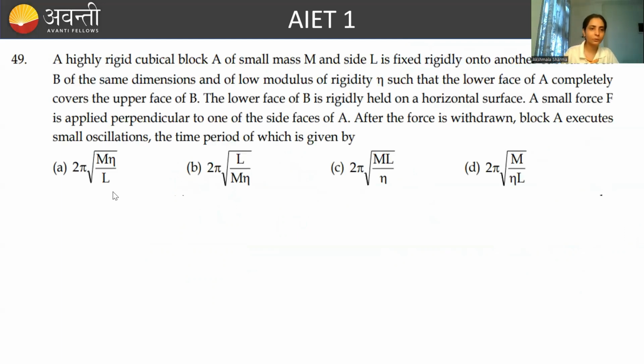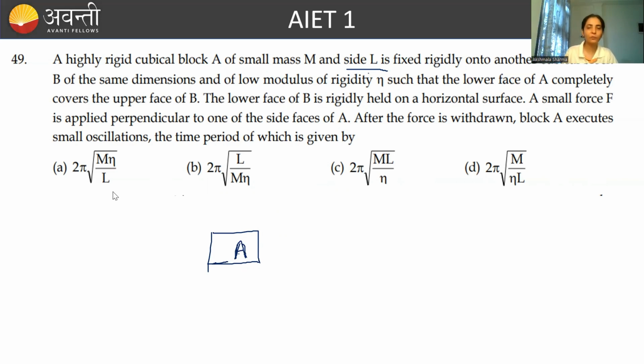Okay, so again this question. A highly rigid cubical block A of a small mass m and side L is fixed rigidly onto another cubical block. ठीक है? हमारे पास एक cubical block है, A है, जो कि काफी rigid है. It's very much rigid and it's cubical. And again, it is fixed onto another cubical block B of same dimension, and of modulus of rigidity n.